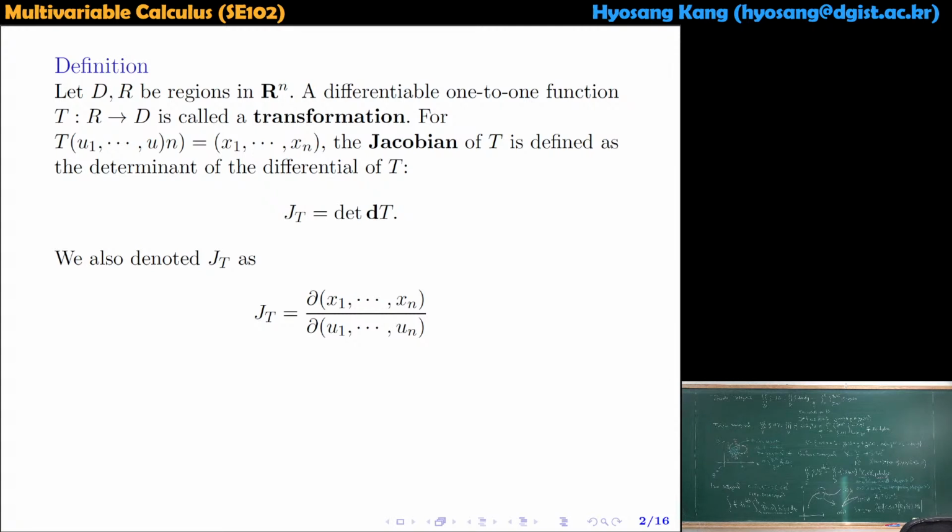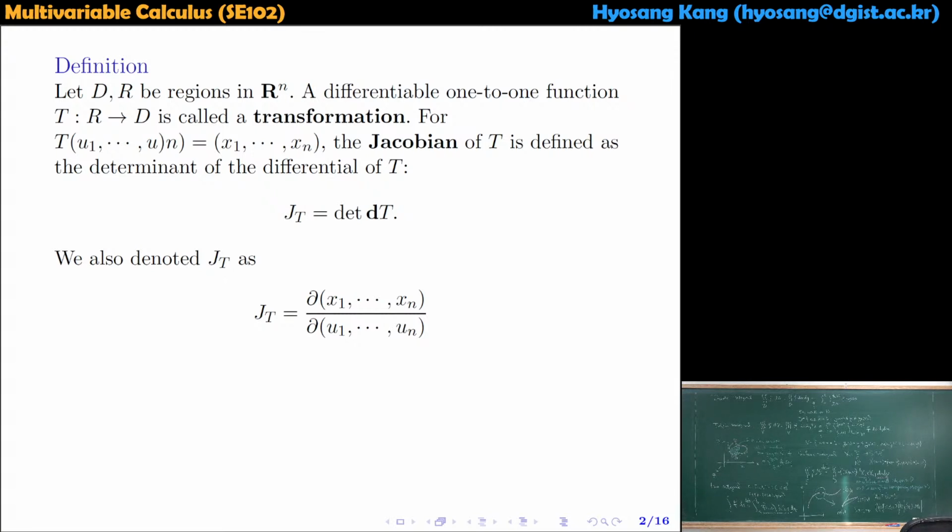And here's the setup. Here we have D and R, which are two regions in the same dimensional space, R^n. Here I just took n as a natural number, but you can think of n as 2 or 3 in our course. It usually works for any dimension n, but think about n as 2 or 3.